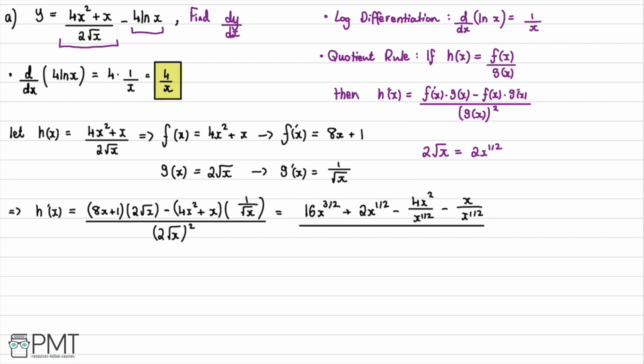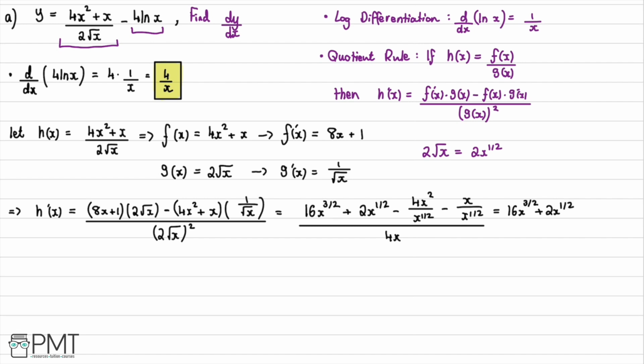And then we can simplify our denominator slightly here. So it's going to be 4x, so that's what we get when we square 2 root x. So for us next, what we can do is just tidy these two terms up here. So we'll have that this remains as 16x to the power of 3 over 2 plus 2x to the power of a half.